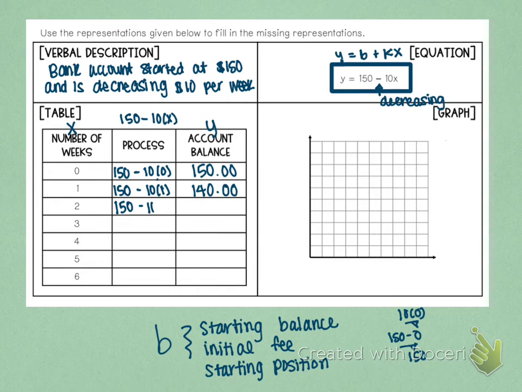Then we plug in again. We multiply first because of PEMDAS. 10 times 2 is 20. So 150 minus 20 is 130.